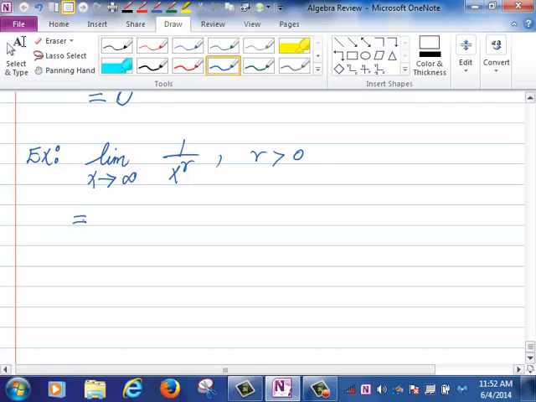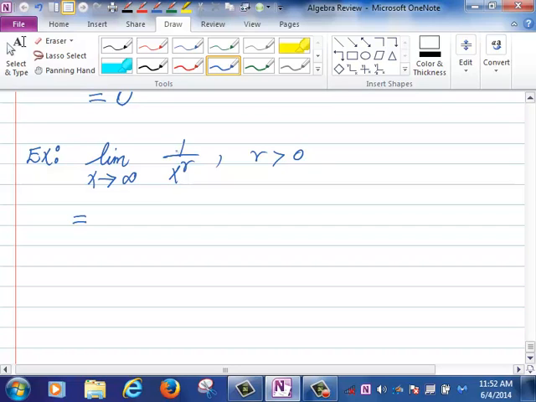Well, since r is positive, the limit of the numerator is 1 because it's just 1. The limit of the denominator though is what? When x is big, x to the power r is also going to be big. So as x goes to infinity, x to the r is also going to infinity.